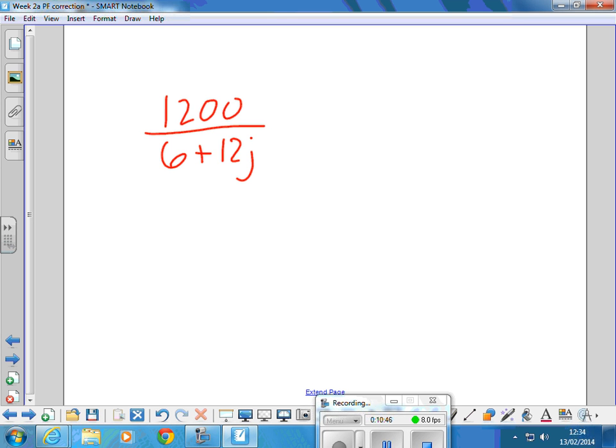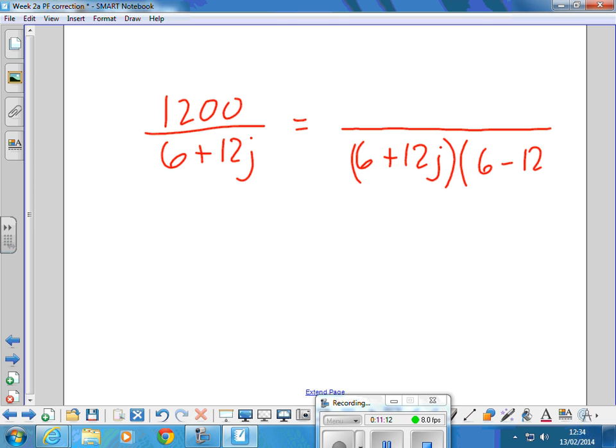What we have to do here, the process is, we have to get rid of the complex part in the denominator. So we have to multiply the top and the bottom by what's called the complex conjugate of that. That's the same number, but with the sign change. So we do 6 plus 12J multiplied by 6 minus 12J. And if we do that to the bottom, we'll have to do it to the top as well. Okay?